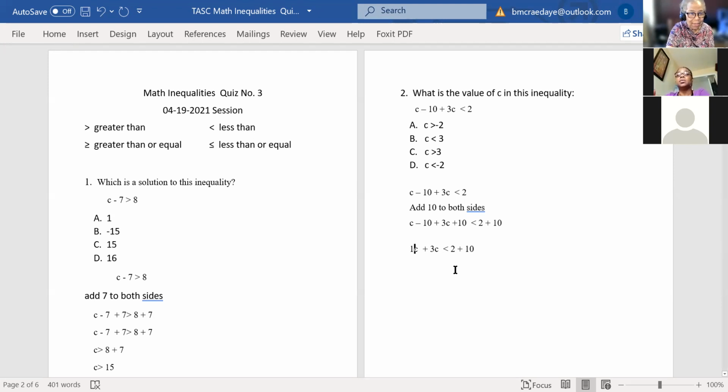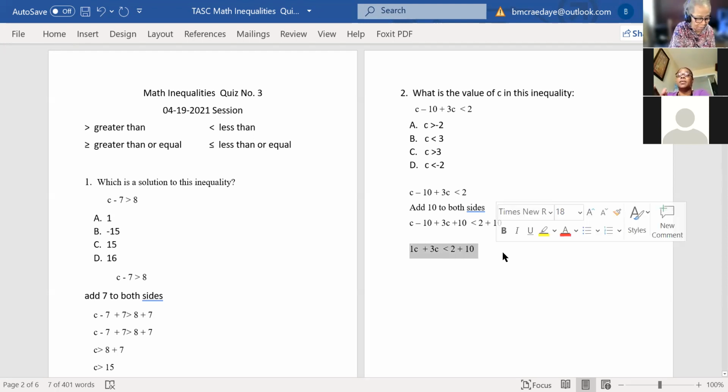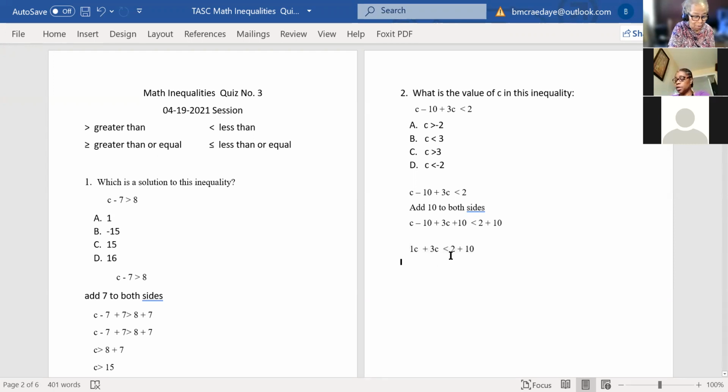Okay, so what would that be equal to, Vanessa? 1C plus 3C. So you will have 4C. That's it. Very good. So you'd have 4C. Let's copy that and then add the coefficients.